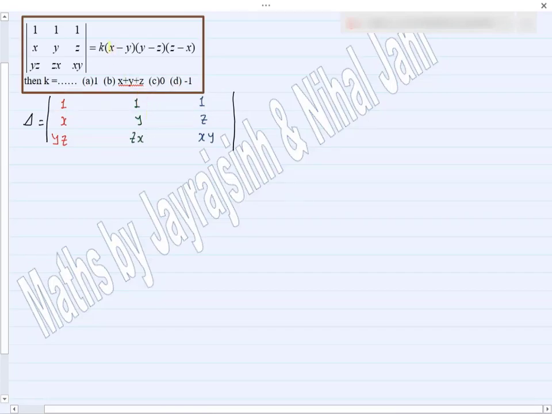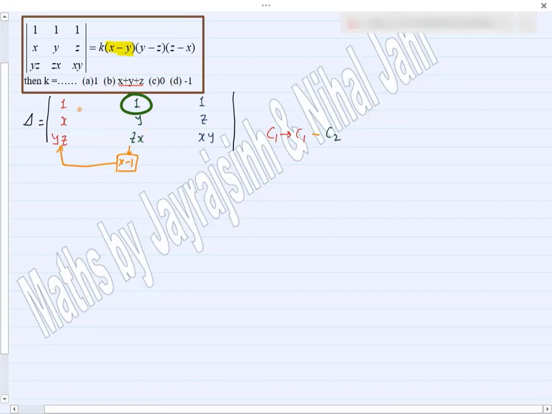And one more thing, to get x minus y as a factor, it's preferable that we subtract the first column minus the second column. So we have to multiply minus 1 with the second column and add it into the first column.